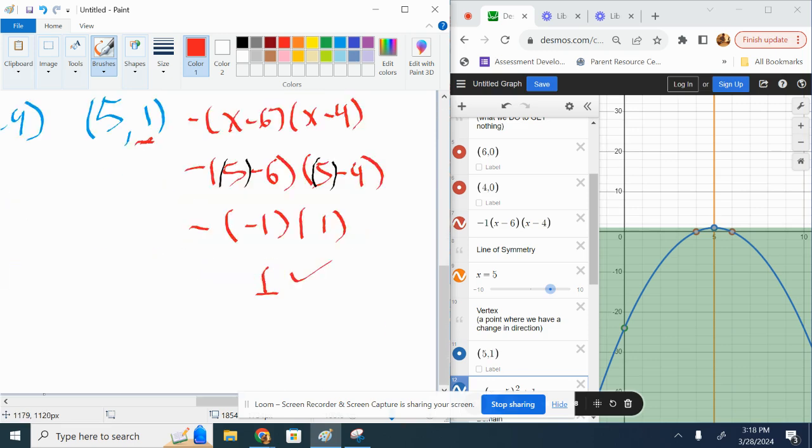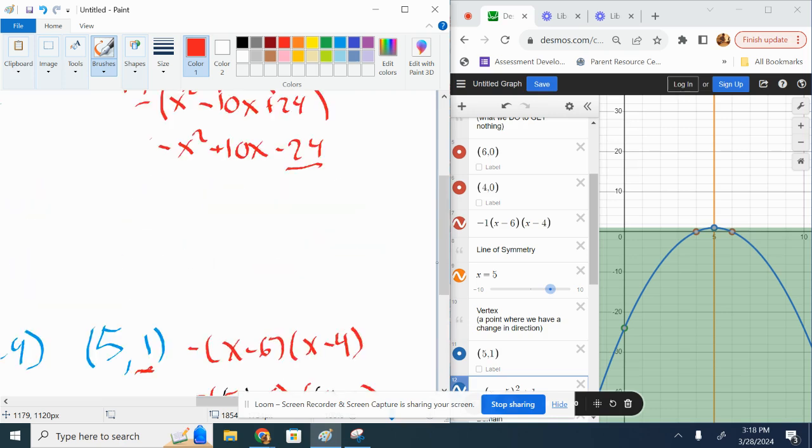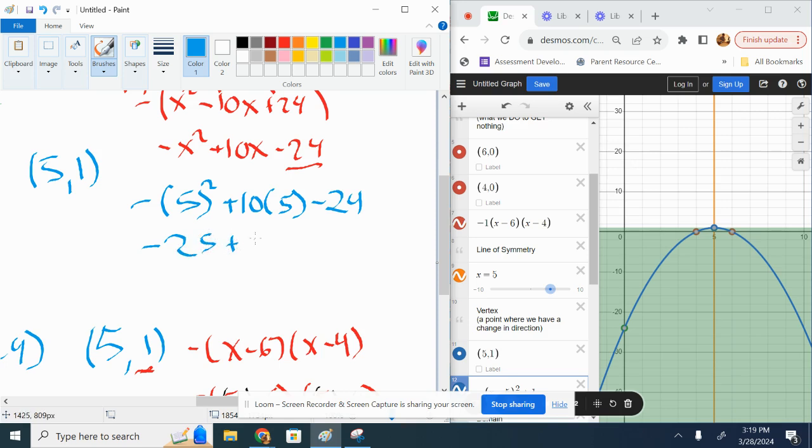Once again, I'm going to check my standard form right here, also with 5, 1 with my vertex. It means when I input a 5, I'm supposed to get a 1, so let's try that. So negative 5 squared plus 10 times 5 minus 24. 5 times 5 is 25. 10 times 5 is 50.